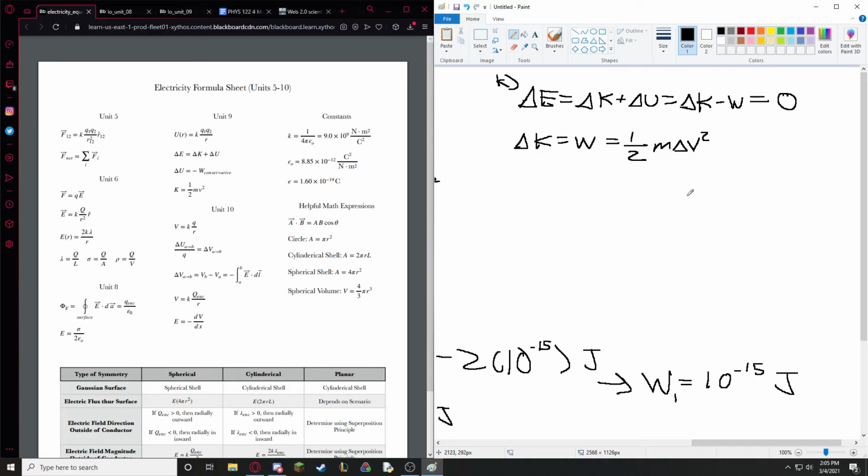And our delta v, well, we start at 0 and we want to find our ending velocity. So we know this is just 1/2 m v final squared. And so then we solve for our v final, which is equal to the square root of 2 times the work divided by the mass.